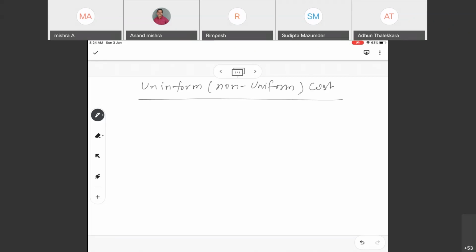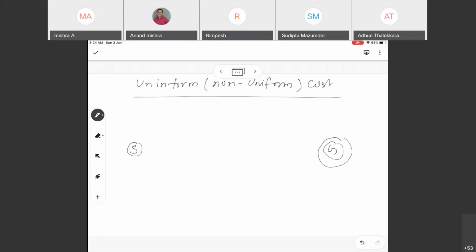So let's look into one example. What I'm trying to say is you have a start state which is known. You have a goal state which is also known, and the costs are not uniform.